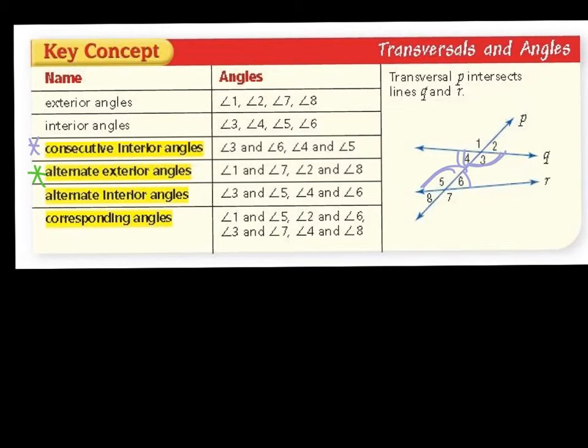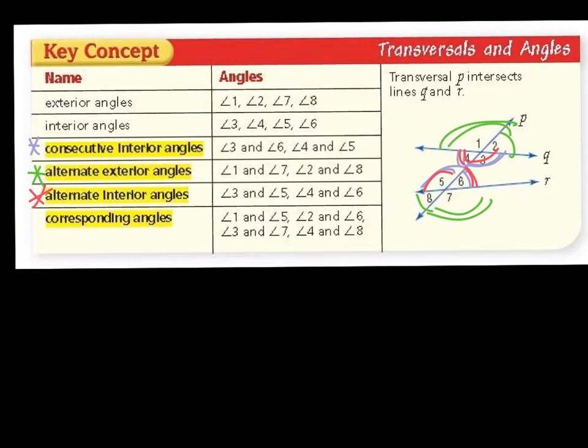So alternate exterior angles are angles 1 and 7 and 2 and 8. Alternate interior angles are angles 3 and 5 and 4 and 6.